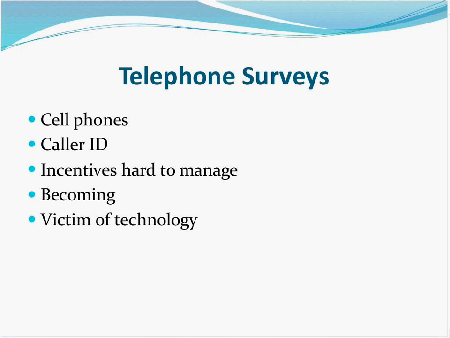People aren't using their landlines. Cell phones are hard to reach; it's hard to get numbers. There's no cell phone directory out there, so you can't find numbers that way. So it's become a very difficult survey to do.